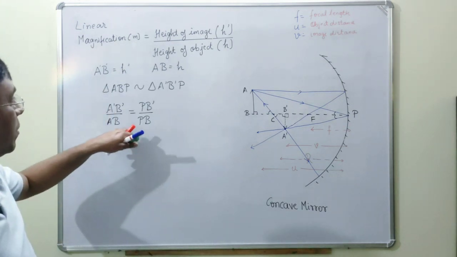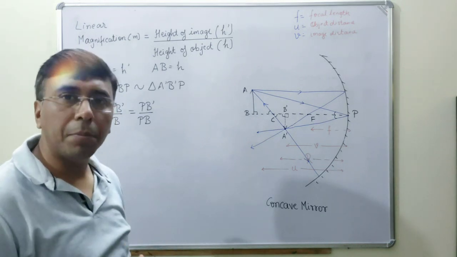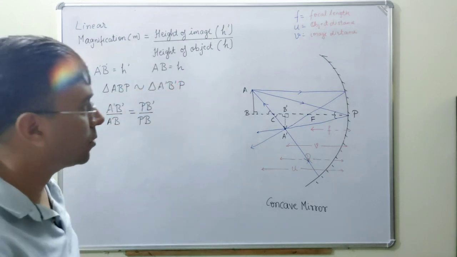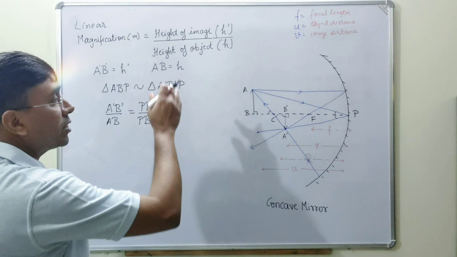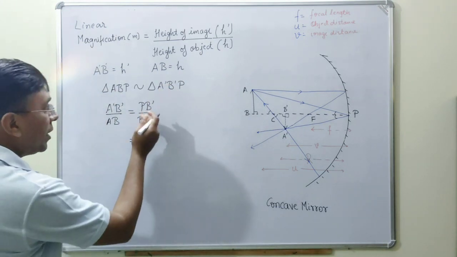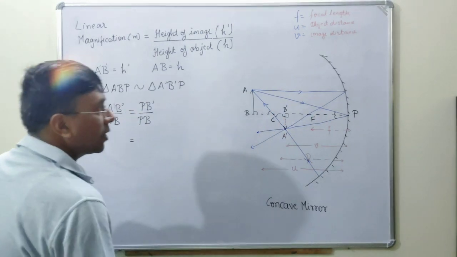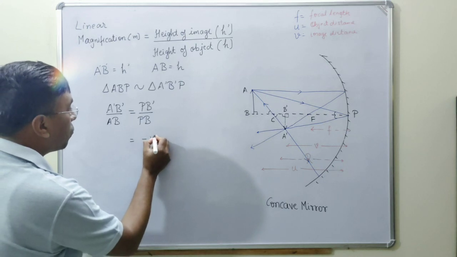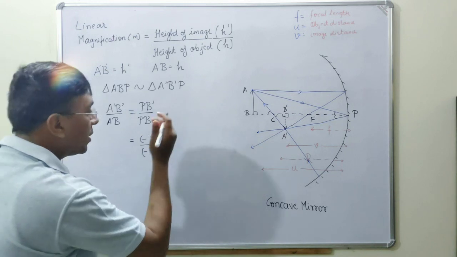Now in the next step, I'll replace the values of AB, A dash B dash, PB, PB dash with u, v and h, h dash. When I replace them, I have to use sign convention. For PB dash, it's quite simple since we are moving along the direction of the incident light, so PB dash will be minus v, and PB will be minus u, again for the same reason.